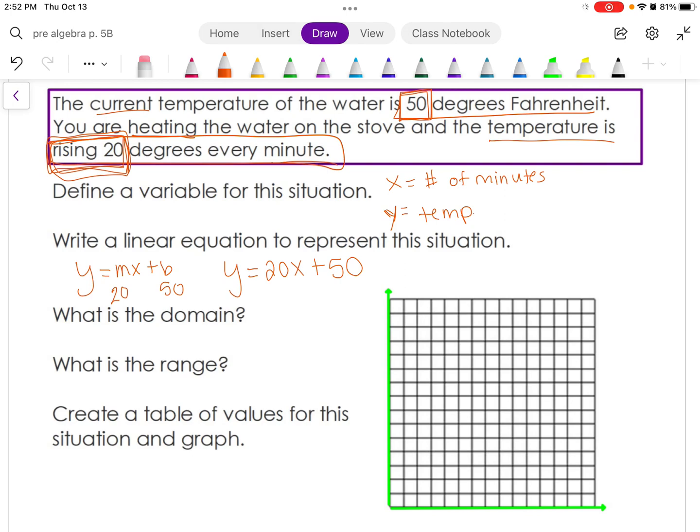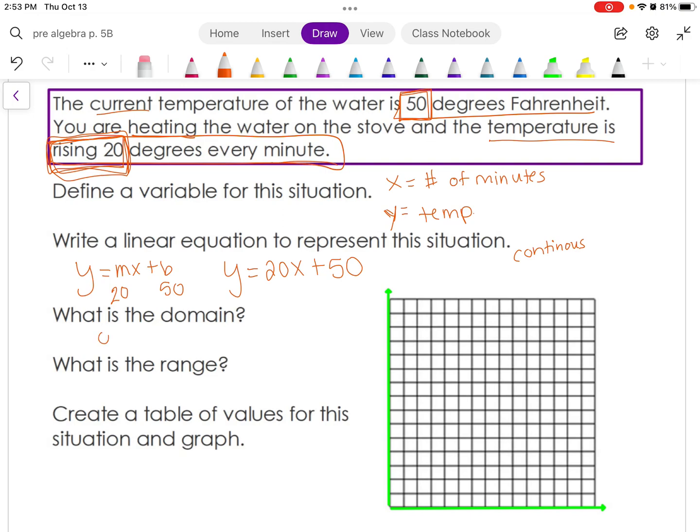Now we can write our domain and range. Remember, our domain is our x, which means it's the number of minutes. Well, how many minutes can we do something for? We could do something for 0 minutes, right? And then technically there's not a maximum that we know of. So I can write this as an inequality because this is going to be continuous, right? Because time is technically continuous and so is temperature.